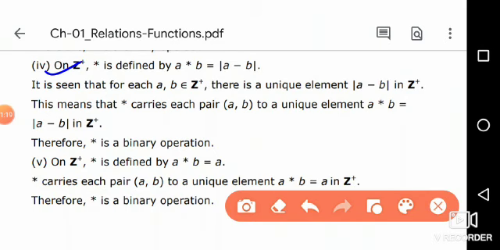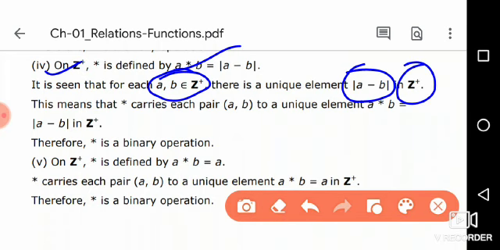On Z plus, star is a binary operation defined by a star b is equal to mod of a minus b. If I take any two elements belonging to the set of positive integers and operate the binary operation on the given set, that is mod of a minus b, it is once again a new number which is strictly positive and also belongs to Z plus.